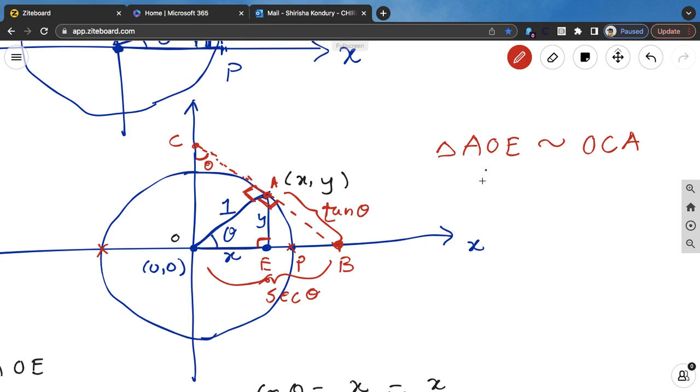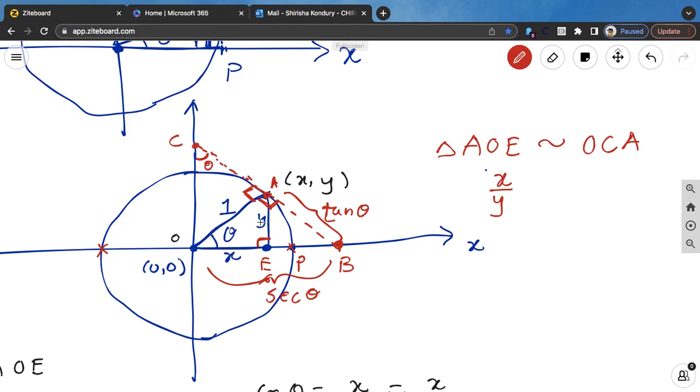So again, let me write cotangent theta in the small triangle. Cotangent theta in the small triangle is adjacent side upon opposite side, so x upon y.